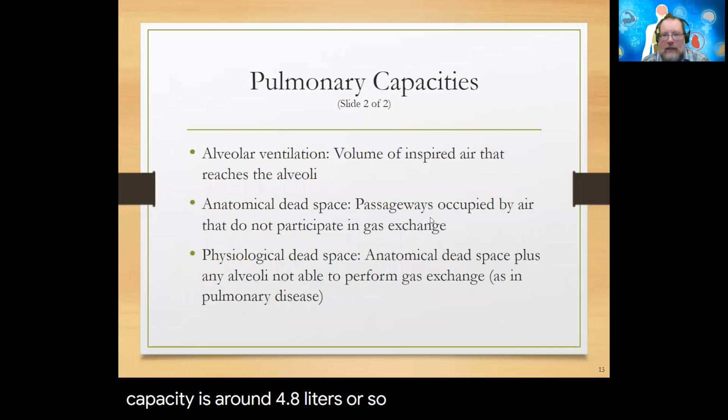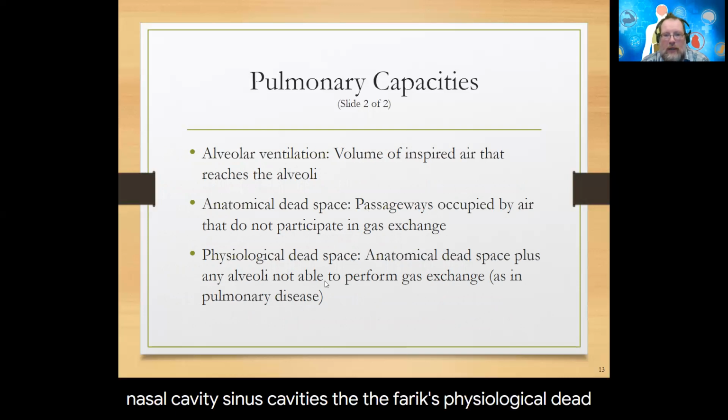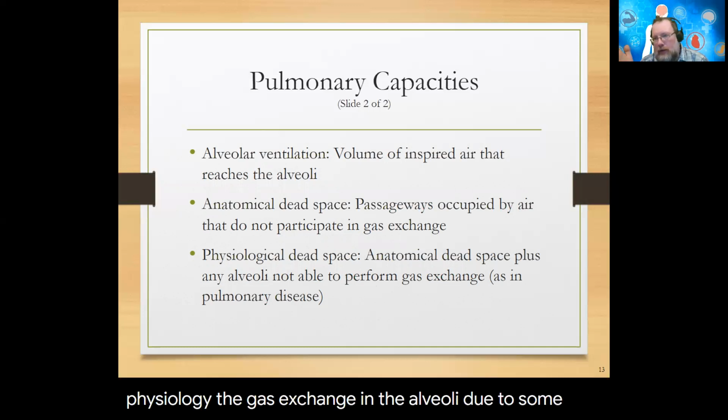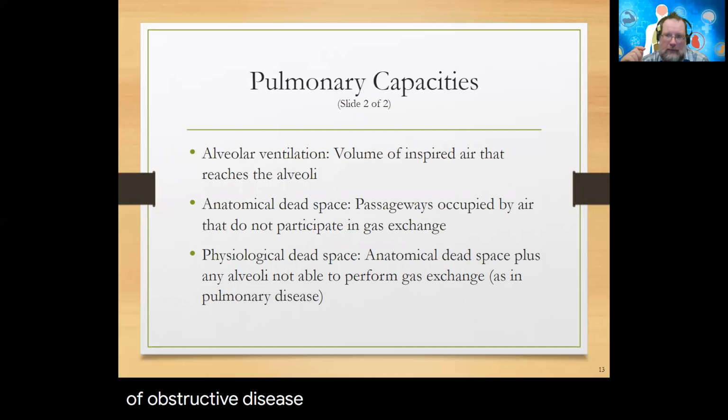Anatomical dead space, that's areas that don't participate with gas exchange. So nasal cavities, sinus cavities, the pharynx. And then physiological dead space occurs where we normally find the physiology, the gas exchange in the alveoli, due to some sort of obstructive disorder.